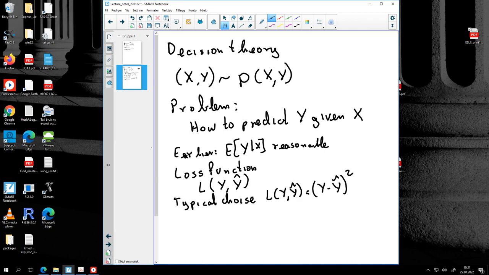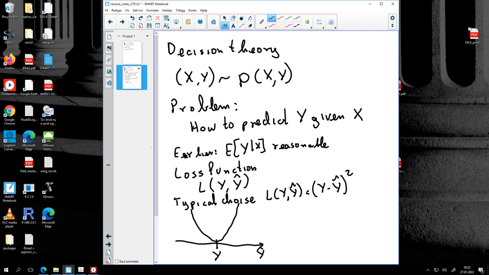And how does this look? Well, if we have y here, and we have y hat on the x-axis, this would correspond to something like that. So the worse we are doing, the worse is the loss. And this is, of course, a feature that we would like of a loss function.